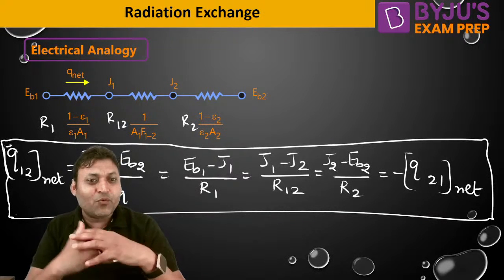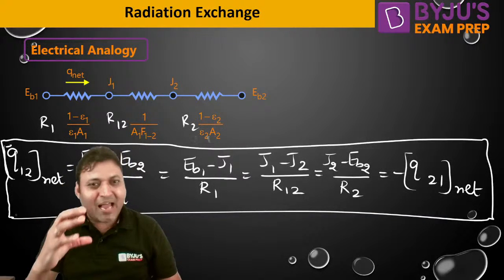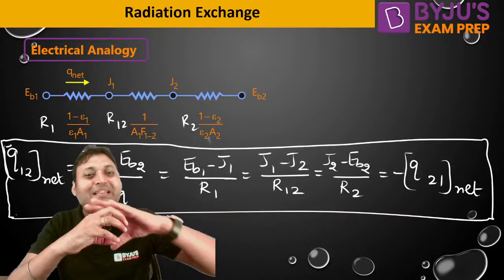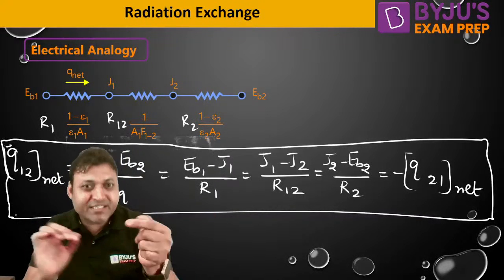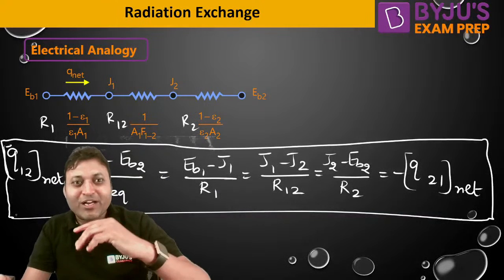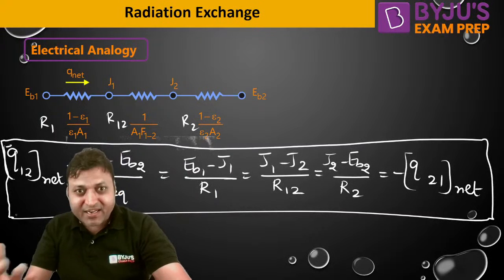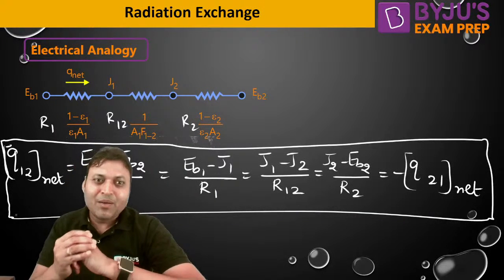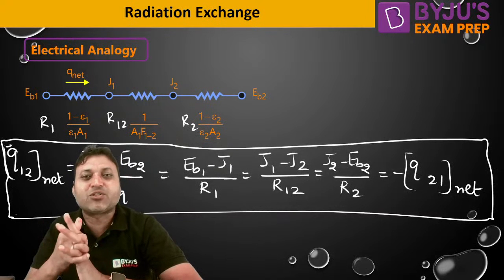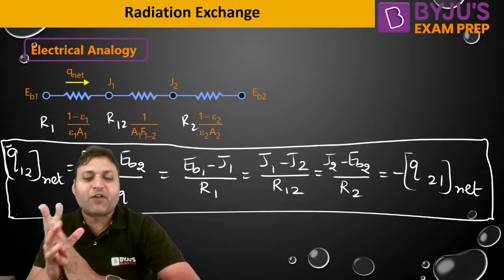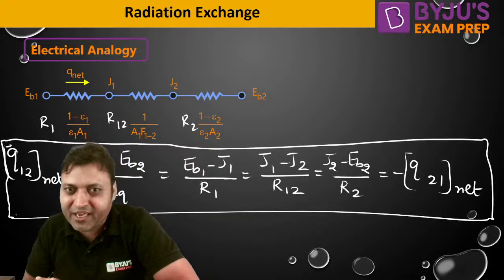That is why we can understand the concept by assuming the non-black body to be a black body with a covering. So there is a surface resistance which restricts the non-black body from emitting the amount of radiation as per the black body. Because the surface is non-black, a surface resistance is developed. The formula for the surface resistance is (1 minus epsilon) upon epsilon times area.